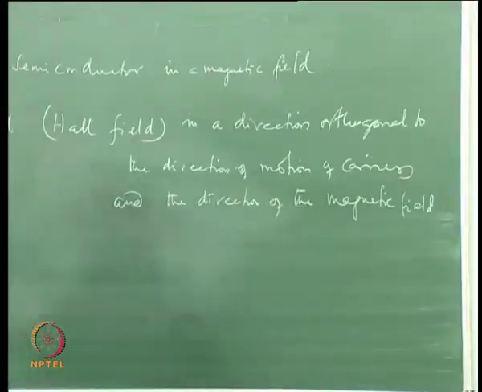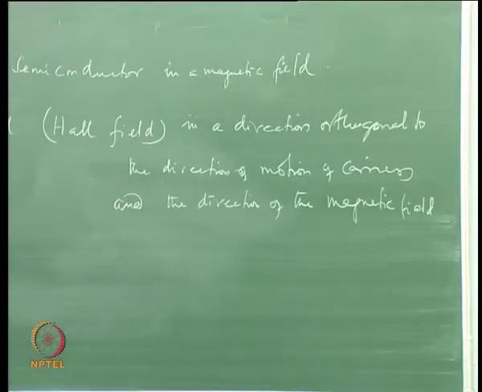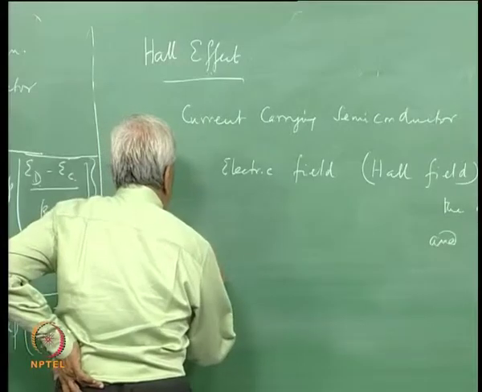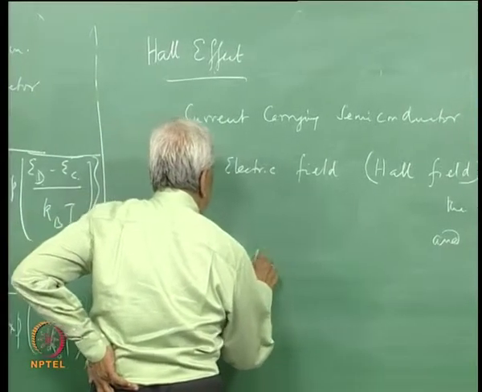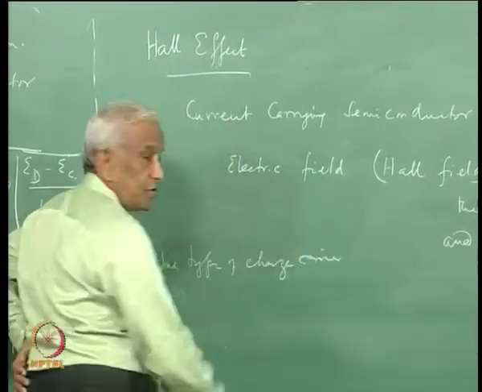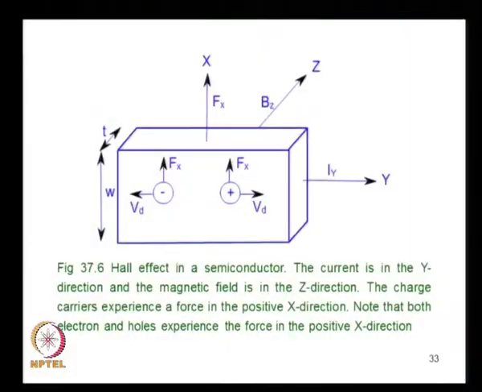So, that is the effect which is known as the classical Hall effect. If you have a conductor with one type of charge carriers, the situation is extremely simple to deal with.